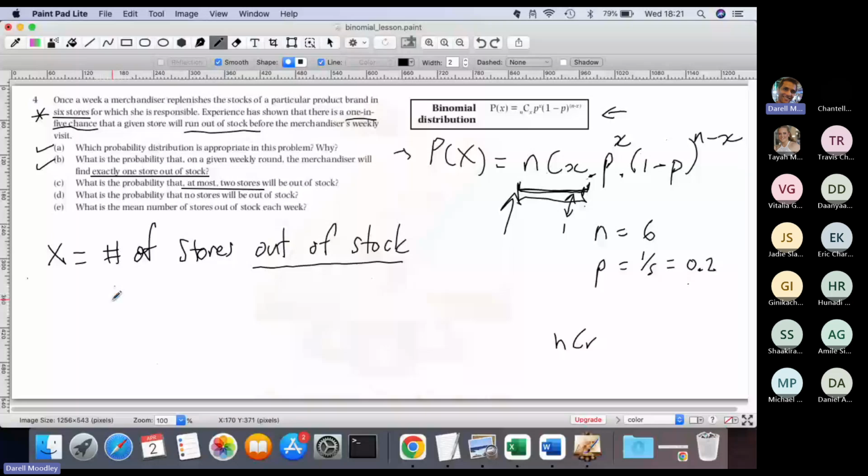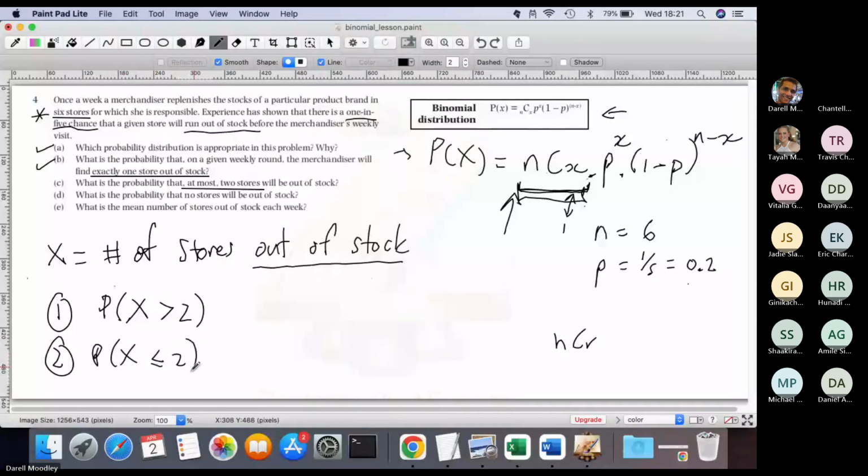Are they asking for the probability of X being greater than 2? So are they asking for this option, or are they asking for option number 2, probability of X less than or equal to 2? Which of it are they asking for? Can you put your option in the chat?